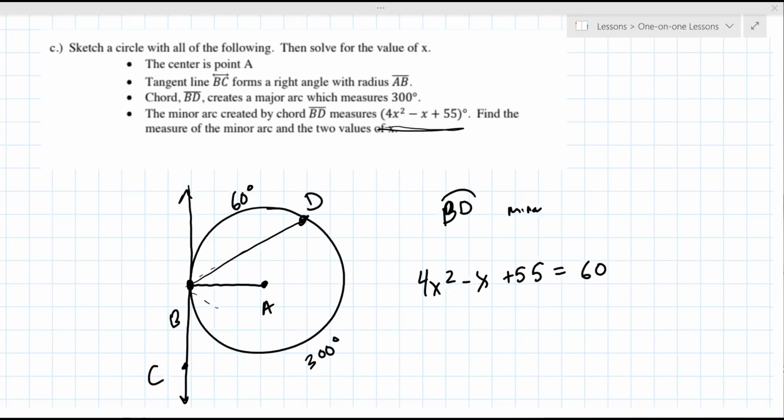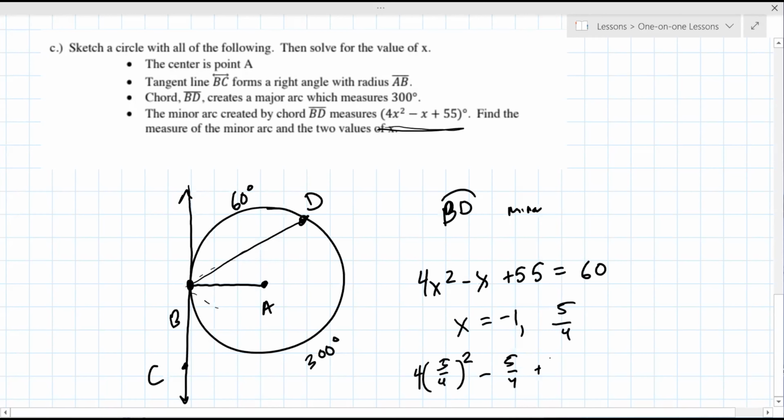I think I did 5/4 wrong. Because we get 5 minus 5/4 plus 55 is 60. Yeah, so the two answers I get: x is negative 1 and x is 5/4. They both work. I got 5/4 too, but when I plug 5/4 back into the equation, I get 5 minus 5/4 plus 55, and it makes 0 sense. Well, remember, it's 4 times 5 over 4 squared minus 5 over 4. Oh, right, I forgot to do the squared part of that.